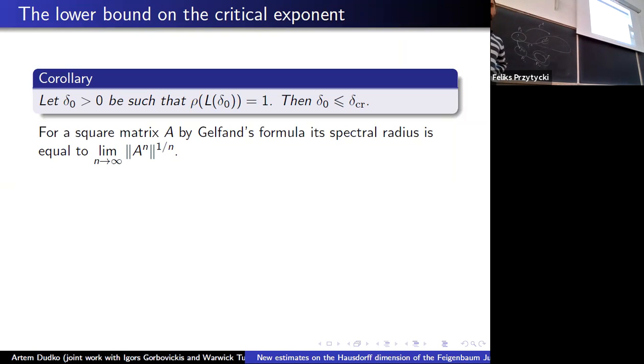And this again is a simple fact. So let me briefly explain it. To remind, if we have a square matrix A, its spectral radius can be computed as the limit of the norm of the n-th power of A raised to the power 1 over n.